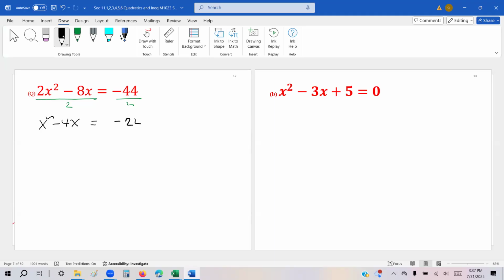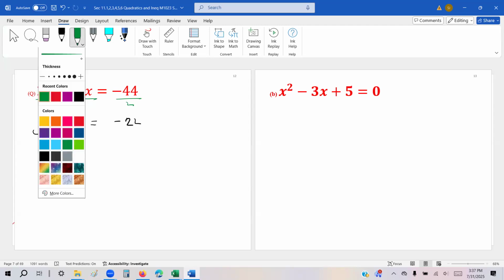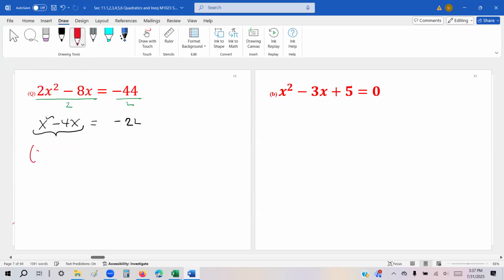Okay, let's do them together. From here, the format is this. X goes inside, square goes outside, and you subtract something. Okay? So what goes inside? -2. And what goes outside? -2 squared.